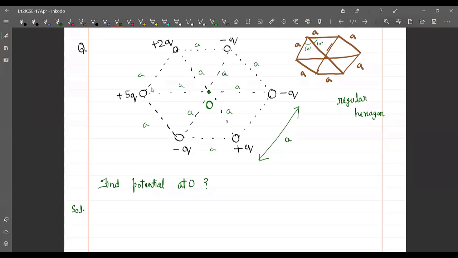And all these small triangles are equilateral triangles. This happens whenever I say a regular hexagon. Now can you solve it, Apurav? Yes, sir, now I will. Okay. Solve it, tell me the answer.